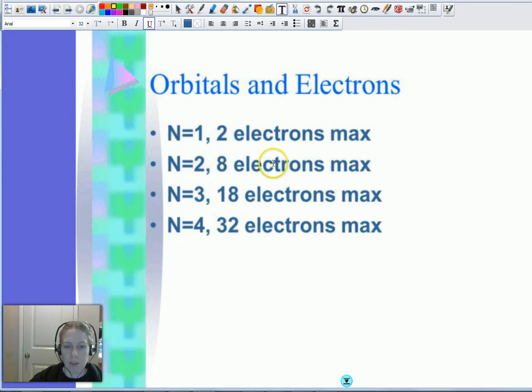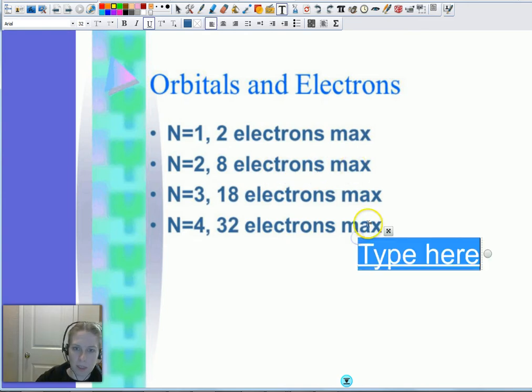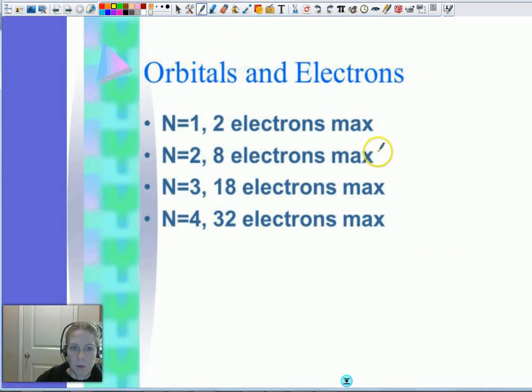When n equals 2, we can hold 8 electrons max. So that's going to be 2s and 2p.